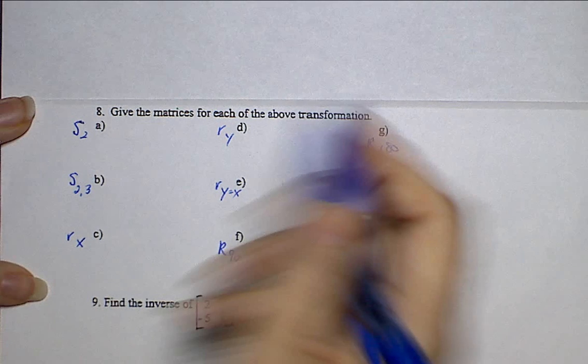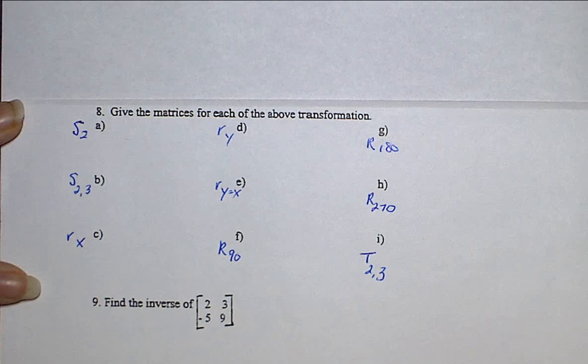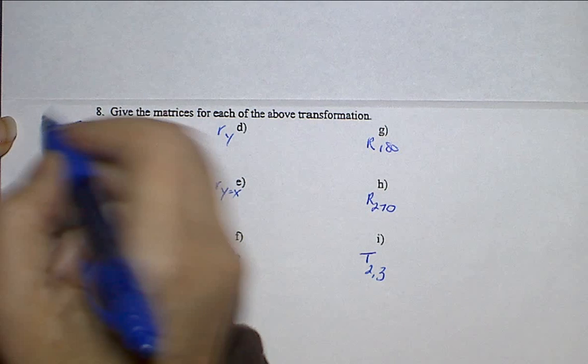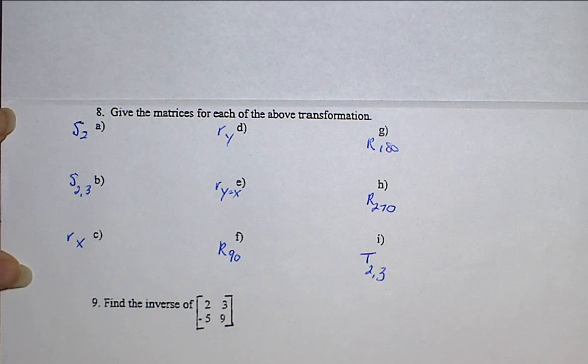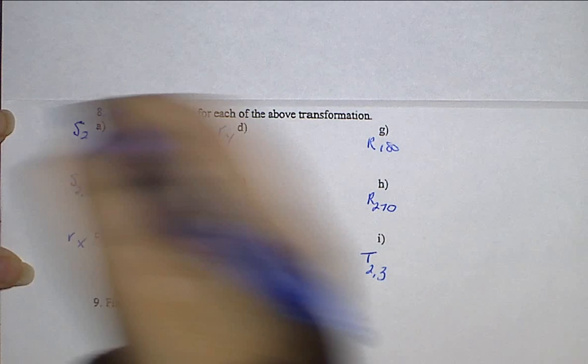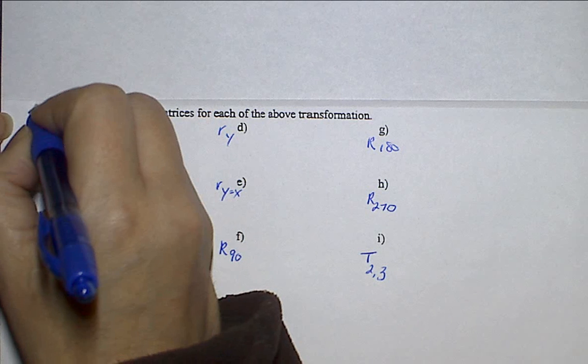So remember that you always want to start with your identity matrix. And what is my identity matrix? So actually I'm going to add that over here. And we have the identity matrix.